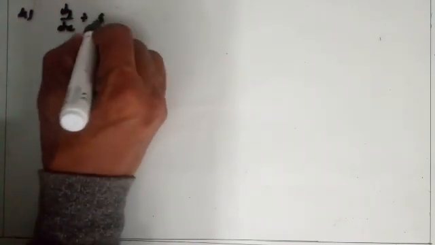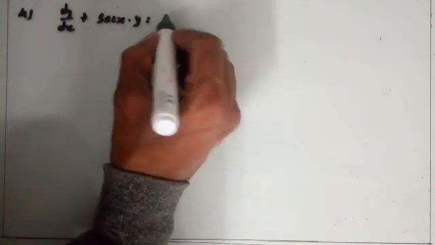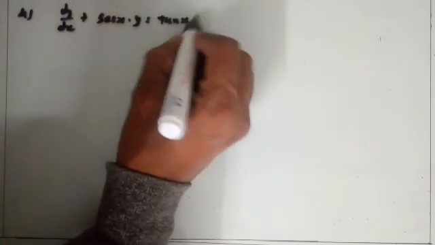Now question number 4. Find the solution of dy/dx + sec x · y = tan x.